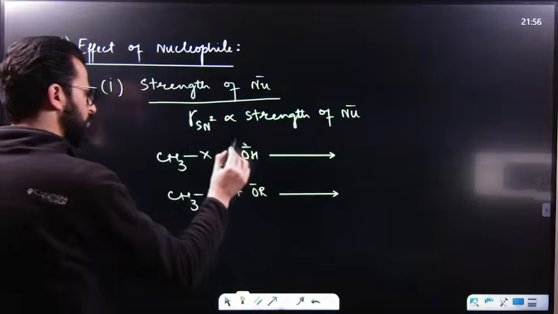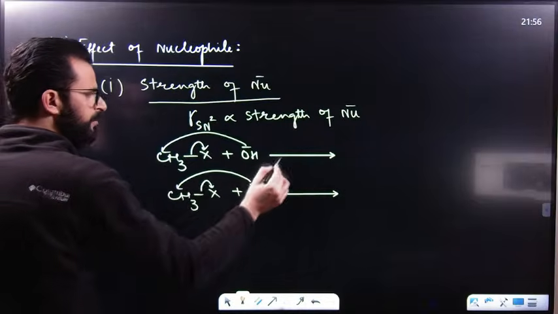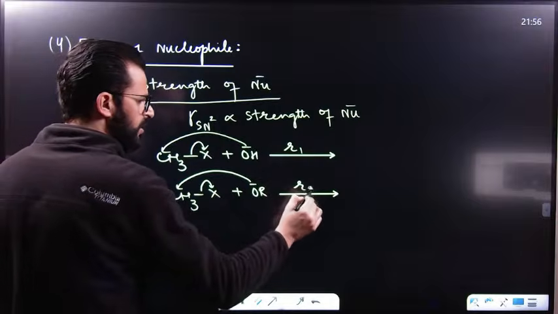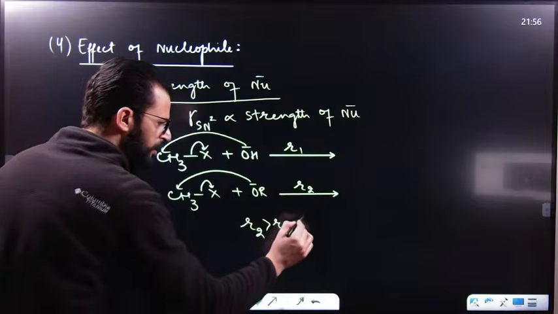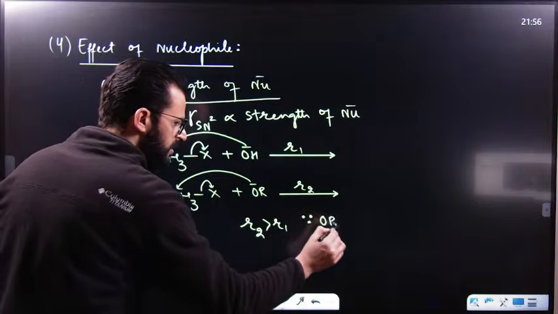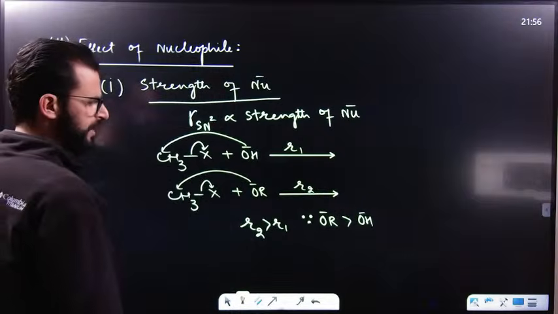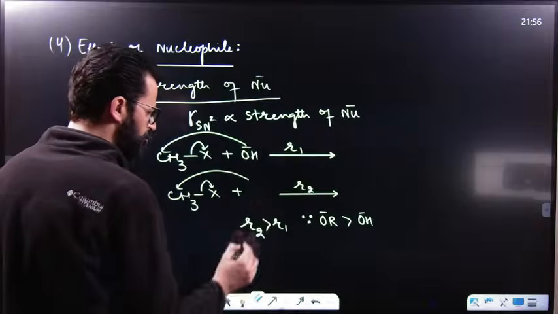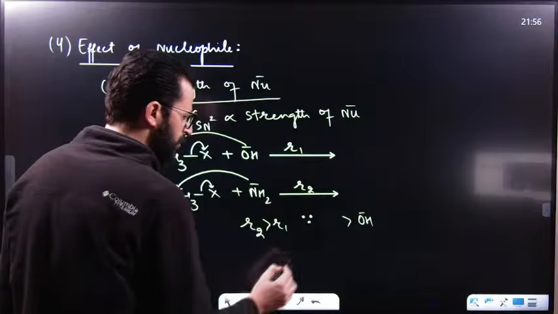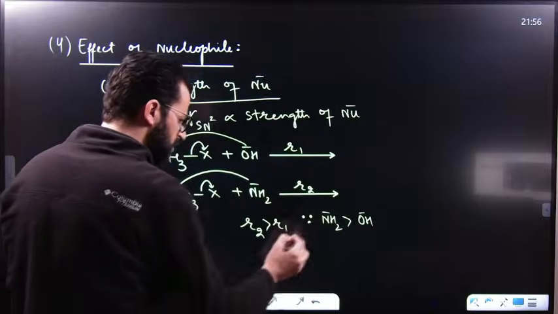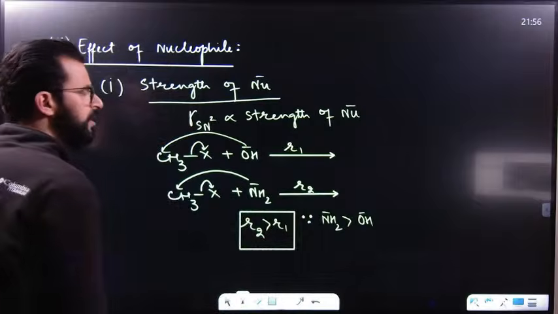This reaction will take place like this and this will take place like this. If this reaction has rate R1 and this has R2, we will say R2 is greater than R1 because OR minus is a stronger nucleophile than OH minus. Or let me write NH2 minus. NH2 minus is a stronger nucleophile than OH minus. So the stronger the nucleophile, the more will be the rate of SN2 reaction.